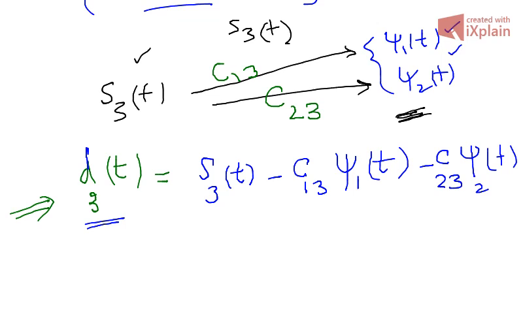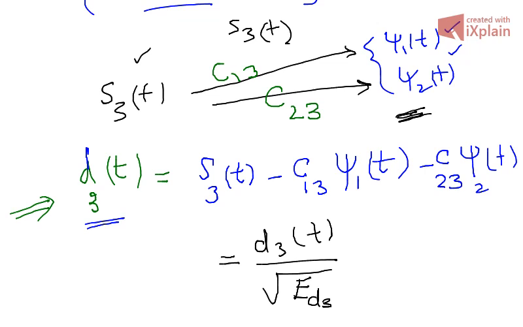And the next step is easier. We need to divide D3 of t by the square root of its energy, suppose the energy is represented by ED3, and this would give you psi 3 of t, the third orthonormal signal.